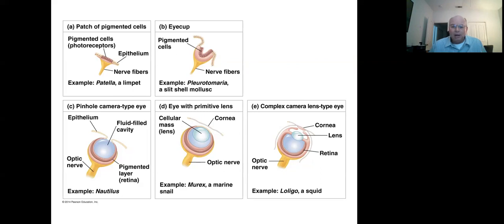Mammals and mollusks shared a common ancestor way back, probably in the Ediacaran or even before then, would be the last time that we would share a common ancestor. So the evolution of an eye in mollusks versus the evolution of an eye in humans or in mammals followed very different evolutionary pathways, but converged on a similar design for a similar purpose.